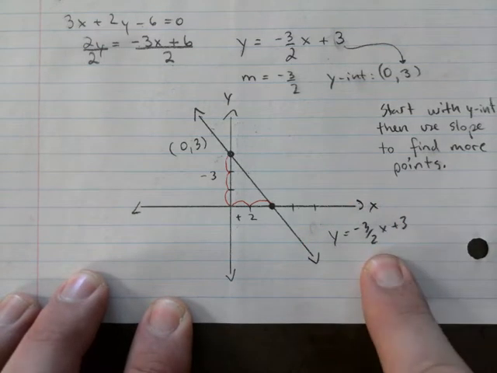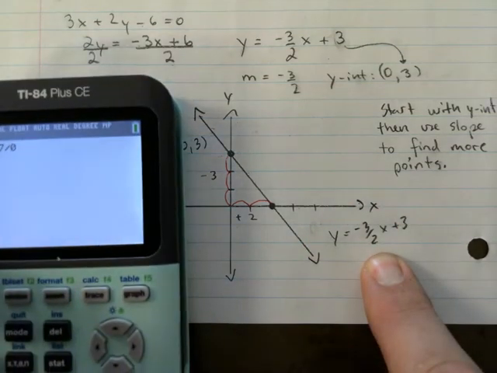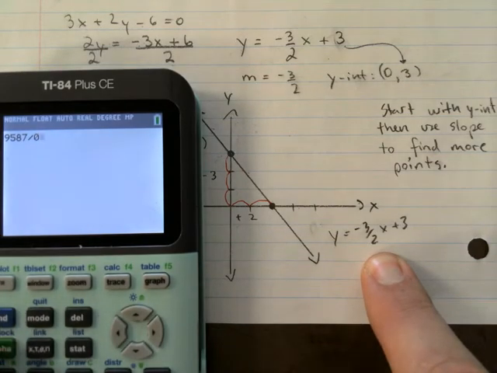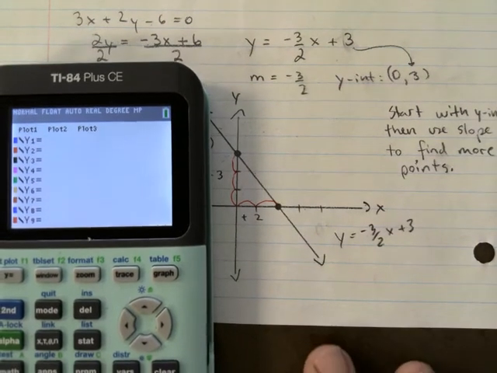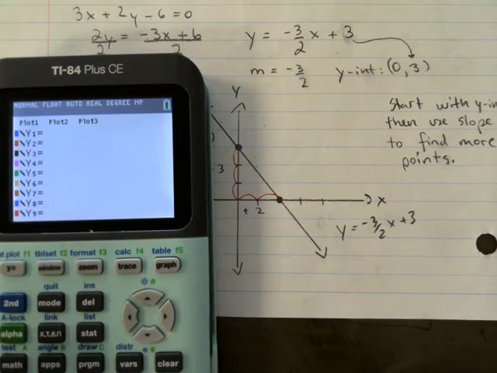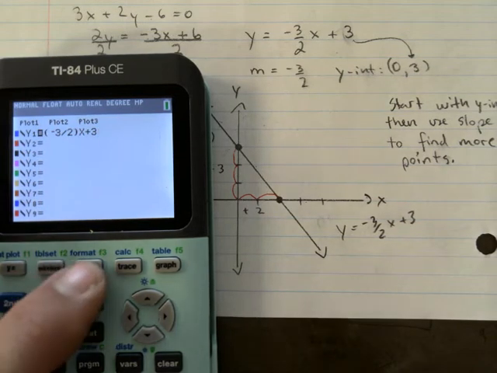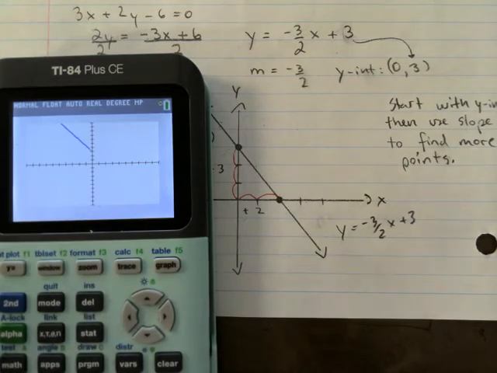So let's type this one into our calculator because you will have to do that at some point. Clear? So watch how I enter it. If there's a fraction, no big deal. I use brackets. I'm going to go negative 3 divided by 2, close brackets, x plus 3. And I'm going to use Zoom standard because I know I'm staying within the first. Zoom standard will do the trick just fine for us.